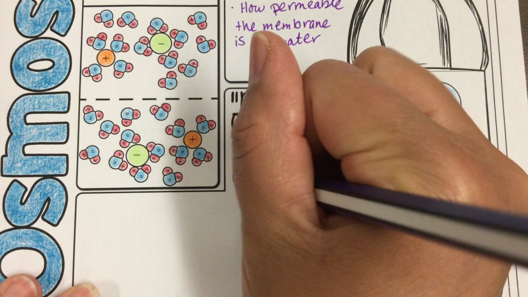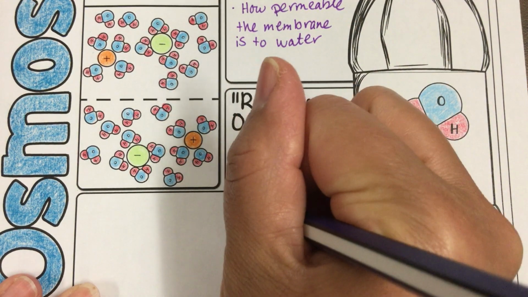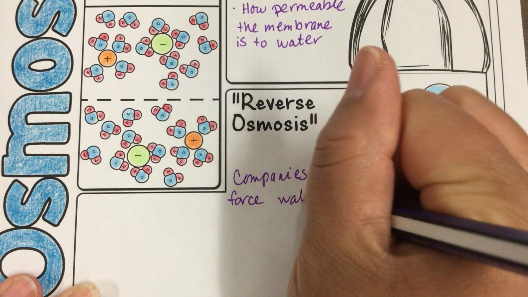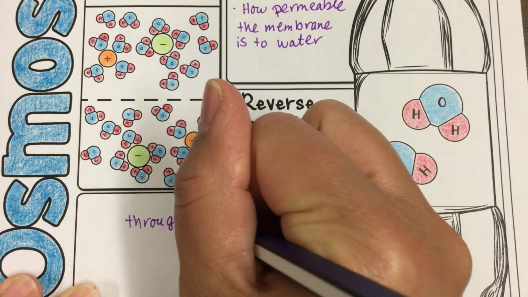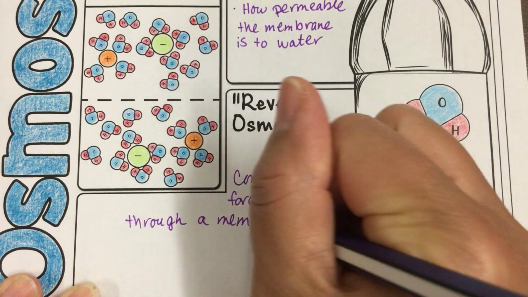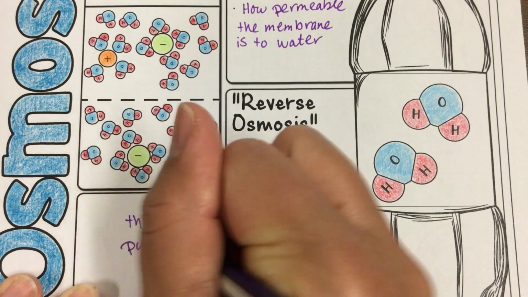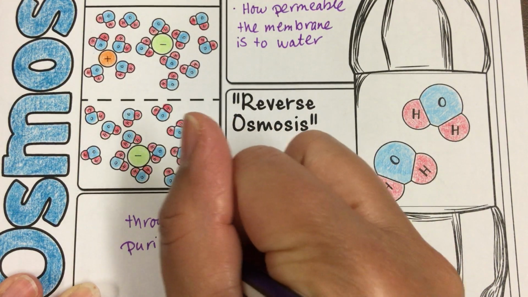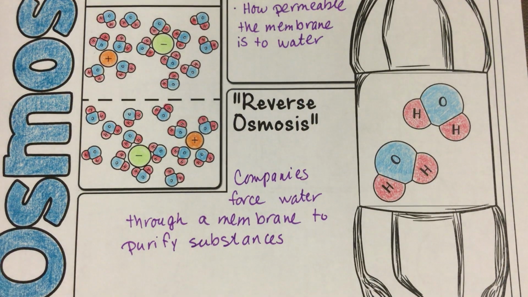So companies force water through a membrane to purify substances. That's a very strange shaped box to write in.